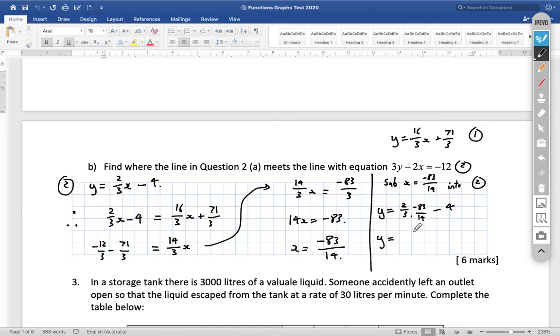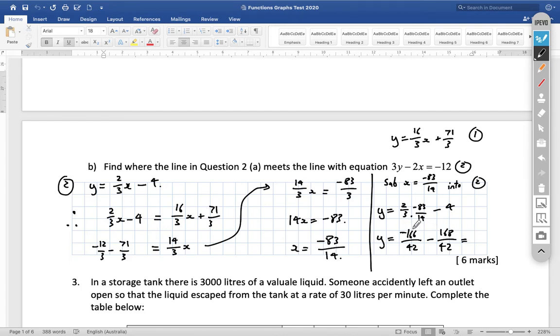So I get minus 166 on 42 minus 4, which will be, what's that? Minus 4 times 42 is 168, minus 168 on 42.